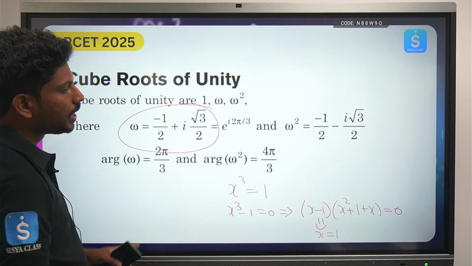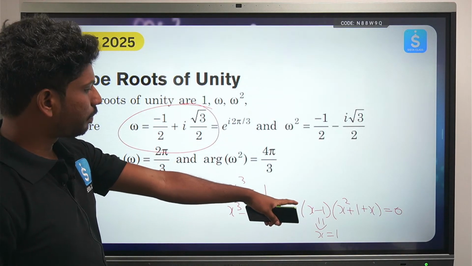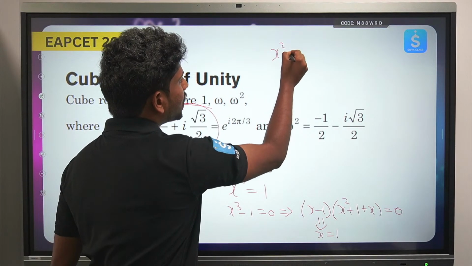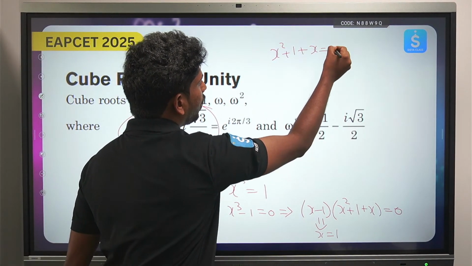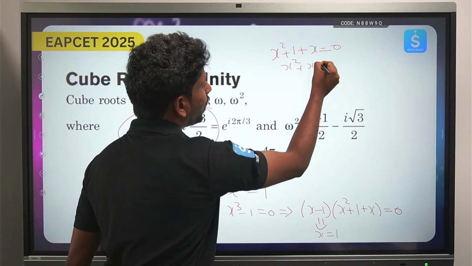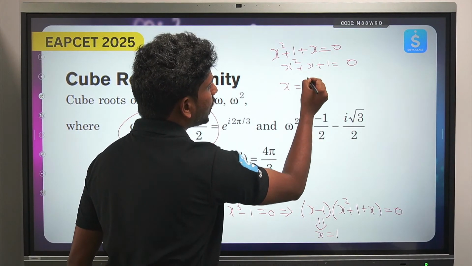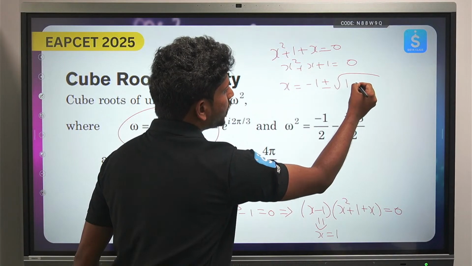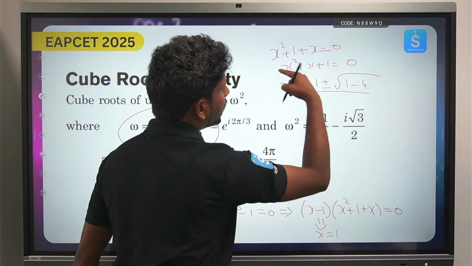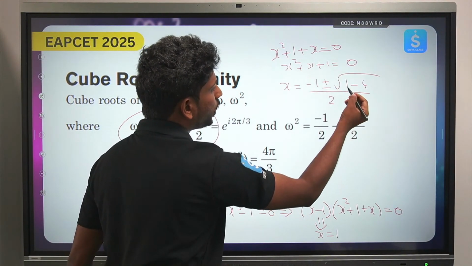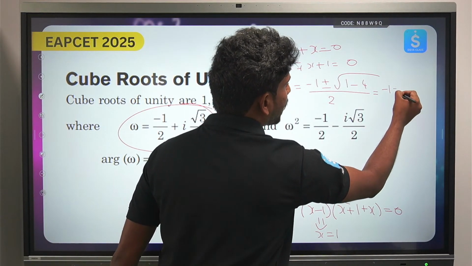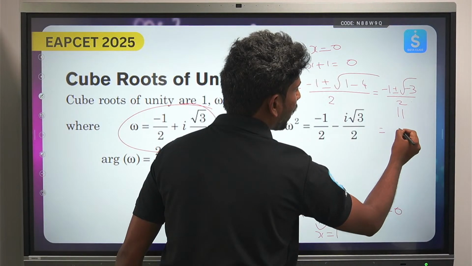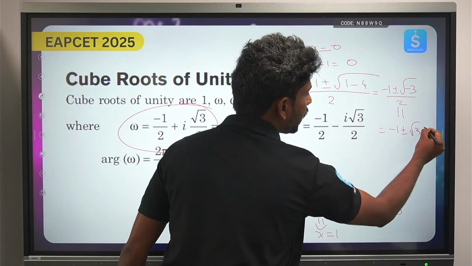So expand it: x square plus x plus 1 equals 0. So x can be written as minus b plus or minus under root of b square minus 4ac by 2a, with 2 into 1 in the denominator. This becomes minus 1 plus or minus under root of minus 3 by 2, so you get minus 1 plus or minus root 3i by 2.